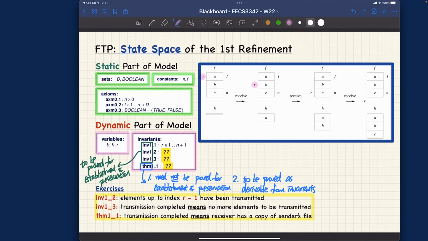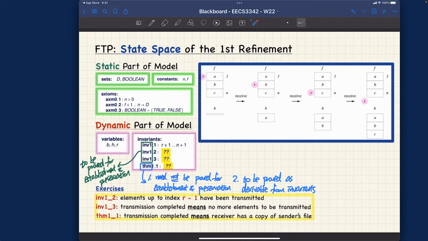After transmitting the second item, R will be pointing to the third item. After transmitting the third item, R will be pointing to one of the valid indices of the sender file, right? Now you can see why R should be in the interval of 1 up to n+1. So this is exactly n+1, which I spoke about earlier as well.